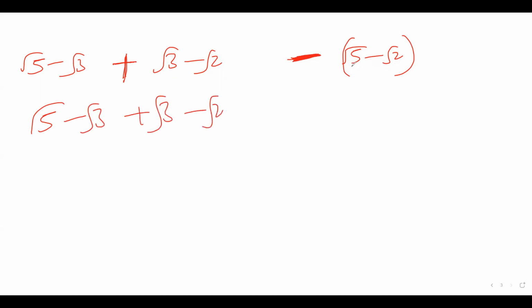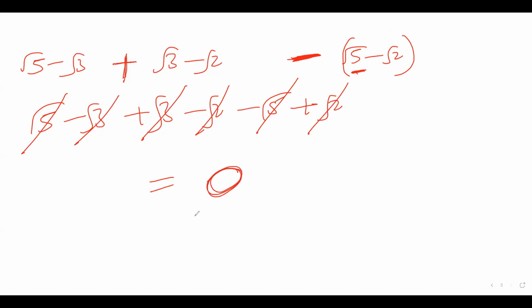When you open the bracket, plus root 5 will become minus root 5. Minus into minus, it becomes plus root 2. Now plus root 2 minus root 2 will get cancelled. Minus root 5 plus root 5 will get cancelled. Plus root 3 minus root 3 will get cancelled. So the final answer is 0.